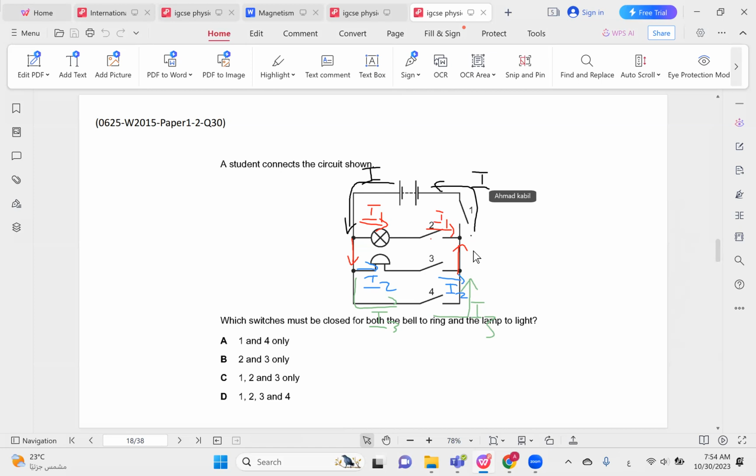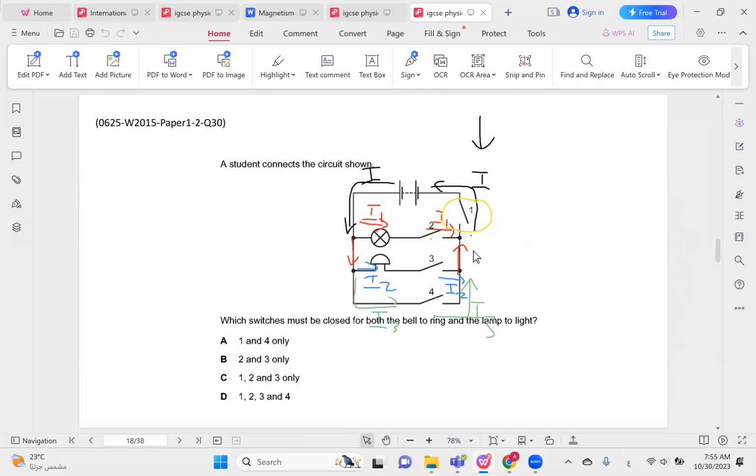So what happens if switch 1 is open? Open means it's blocking the electricity. There is no electricity flowing. If one is open, then I itself cannot flow, and I is like the source of all the currents. So I definitely need to close switch one. Because if that one is kept open, then there will be no current flowing through the circuit at all.